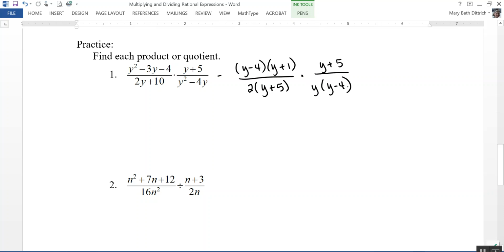Now that I have both of my rational expressions completely factored, now I can cancel out common factors, and I'm seeing a y minus 4, and I'm seeing a y plus 5, and this y cannot cancel with this y because this y is not being multiplied by the 1, it's being added to the 1. So that's going to leave me with a y plus 1 on top over 2y.